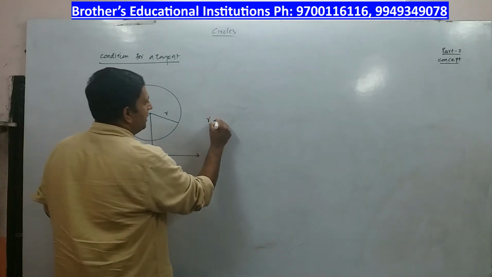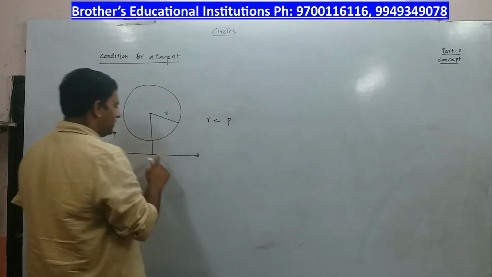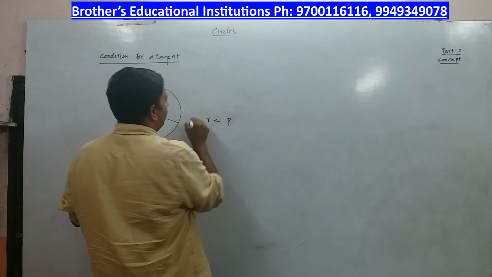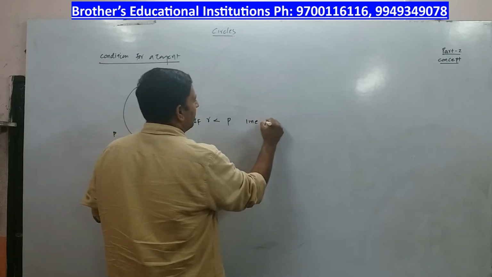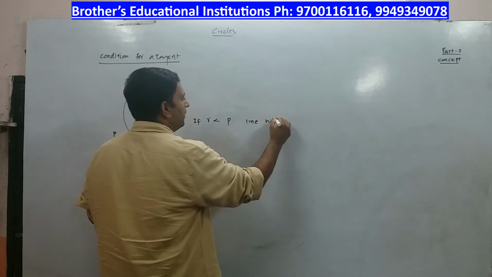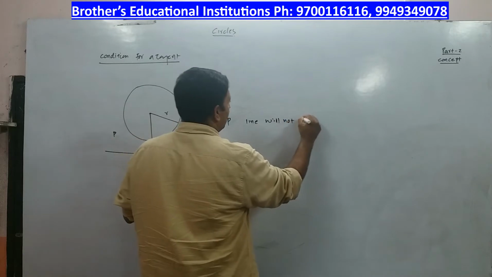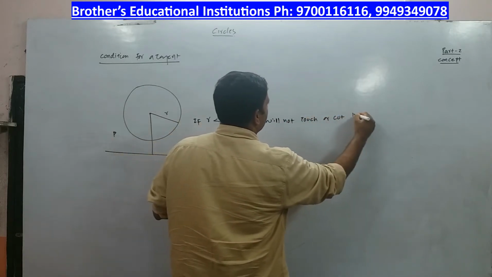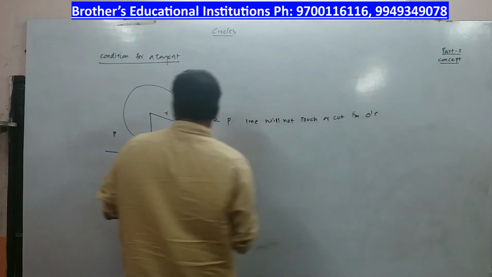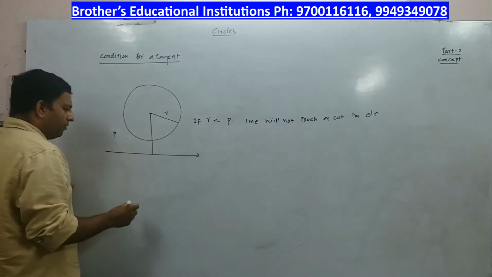So radius is less than the perpendicular distance. Then what is line? You will say if radius is less than the perpendicular distance, line will not touch or cut the circle.